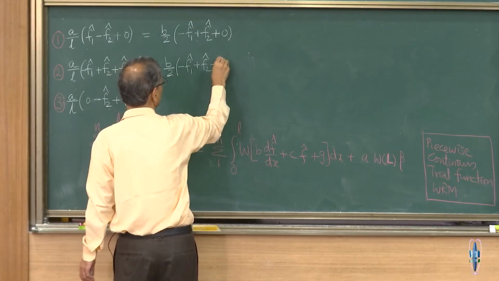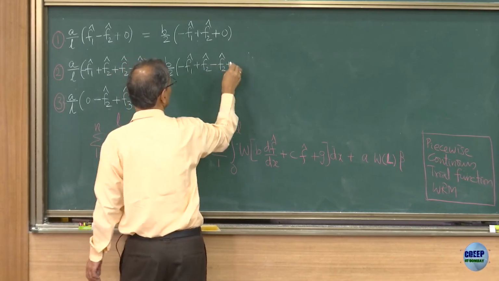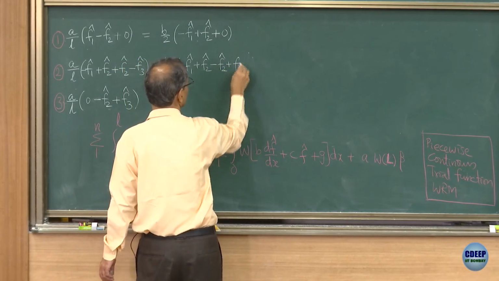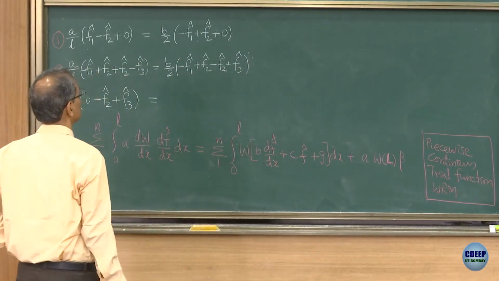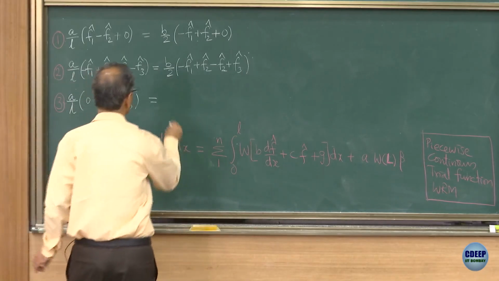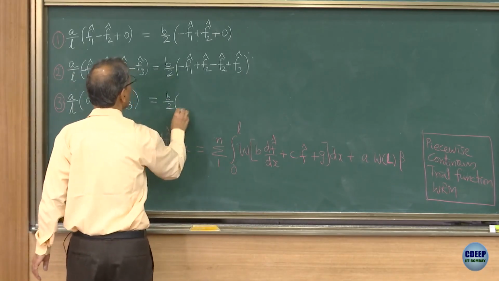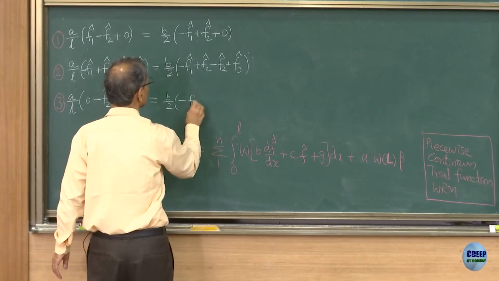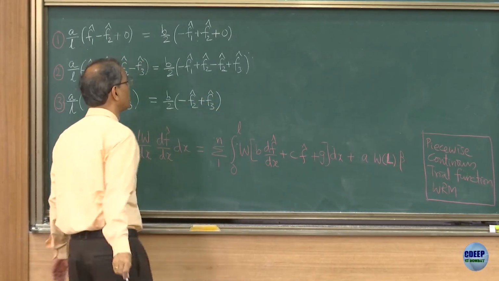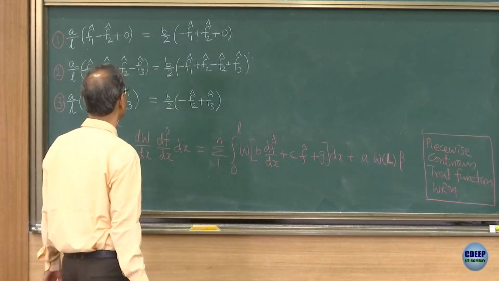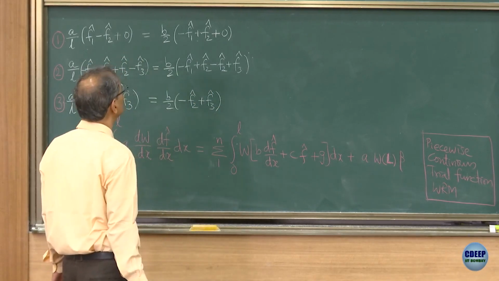I am just capturing whatever we have done so far into an equation form. In the meanwhile, you will be working out the second term. B by 2 minus F2 hat plus F3 hat. This is the right hand side first term.